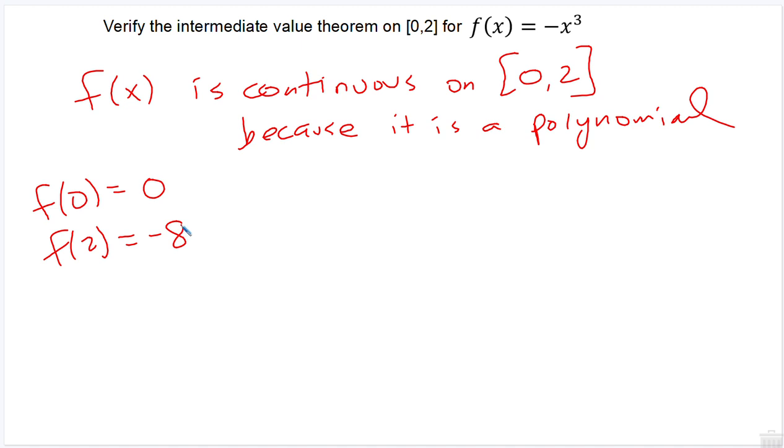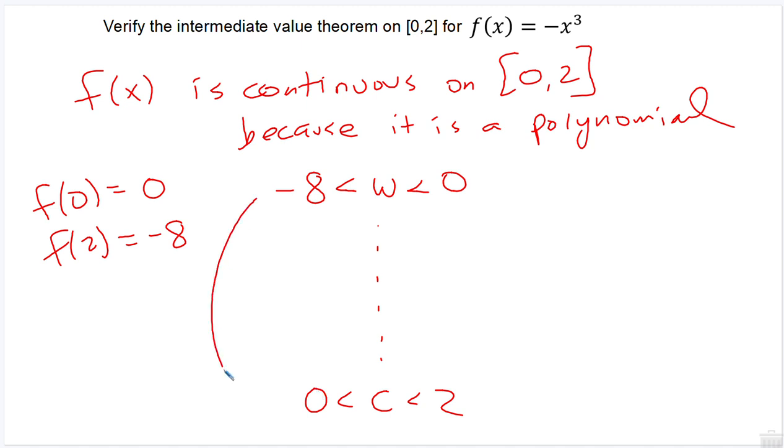And so what we're going to say is that no matter what, if we choose a value of w between negative 8 and 0, so negative 8 is less than w is less than 0, then that guarantees us somewhere down the line that the c value that we end up with is somewhere between 0 and 2, between our a and our b value. So we've got to find some way to turn w's between negative 8 and 0 into c's between 0 and 2. So let's see if we can go ahead and do that.